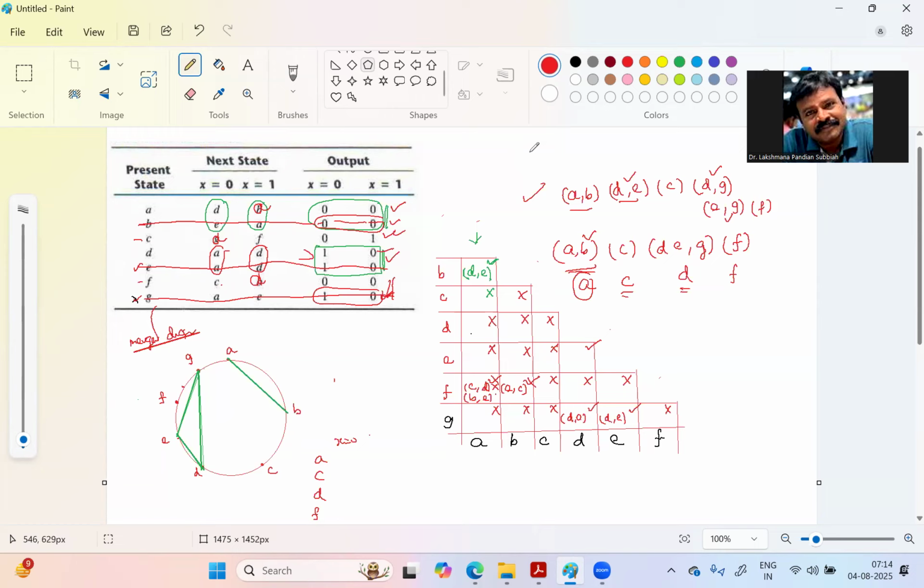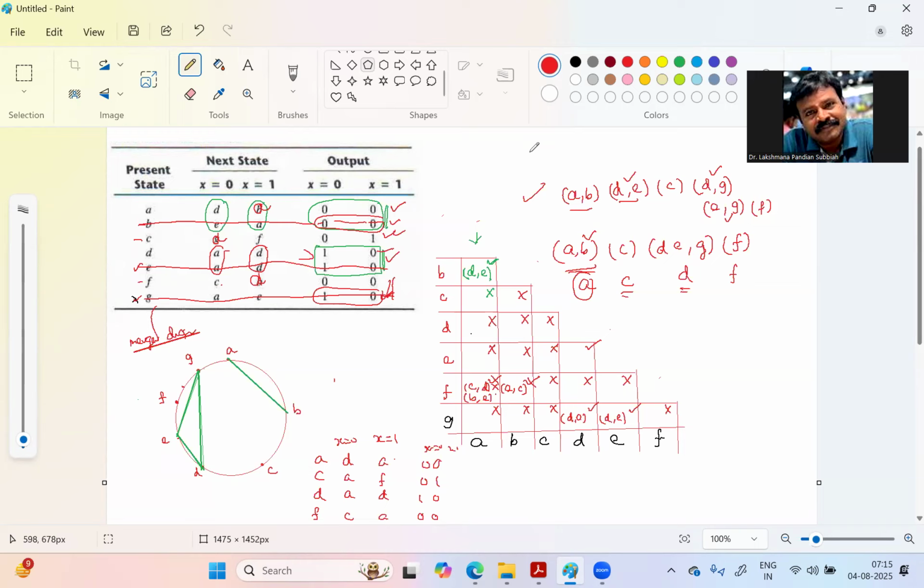Then x equal to 0, x equal to 1. For A it is A, F. Then for C, it is D, A. For D, we have A, D. For F, we have C, A. Then the output for A is 0, 0.